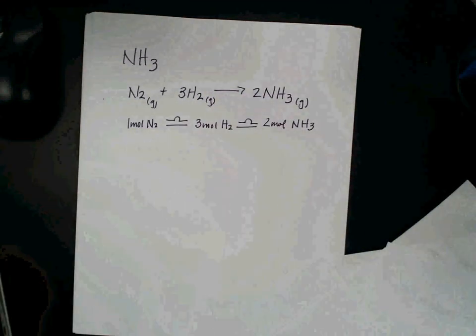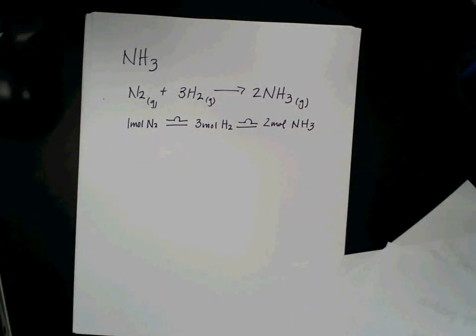Okay, so then it says the most important part. How many moles of ammonia can be formed from 3 moles of nitrogen gas? So, what do I have to make ammonia? I have to have both nitrogen and hydrogen. So I need to figure out which one is the limiting reagent.